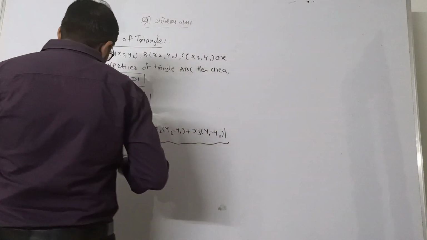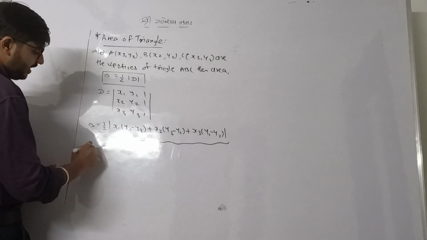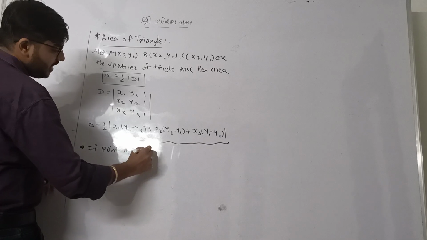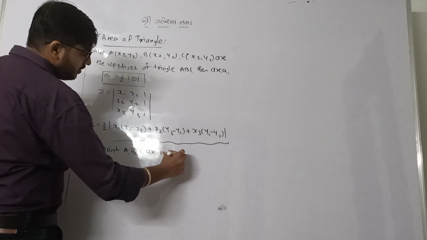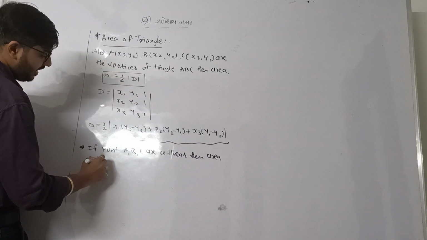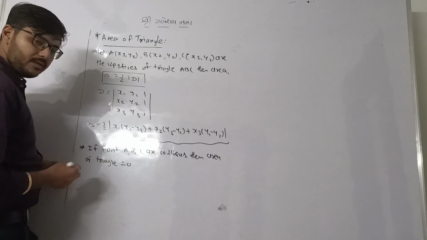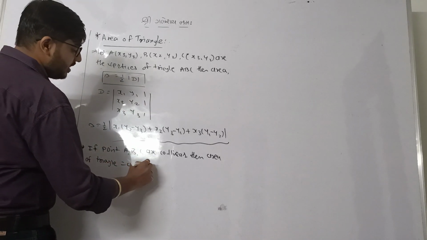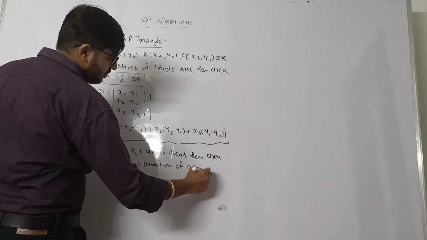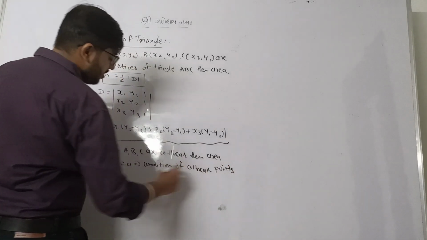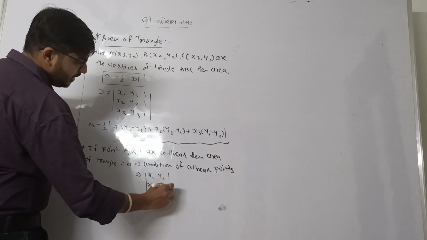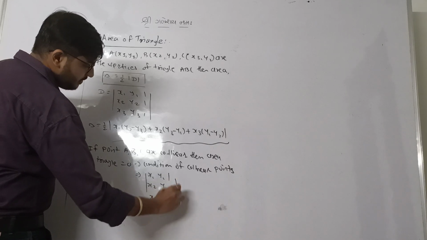From that, let us obtain two notes. First, if points A, B and C are collinear, then area of triangle is equal to 0. So from this we can obtain the condition of collinear points, as determinant x1 y1 1, x2 y2 1 and x3 y3 1 equals 0.